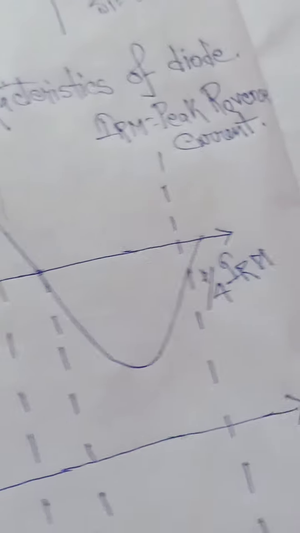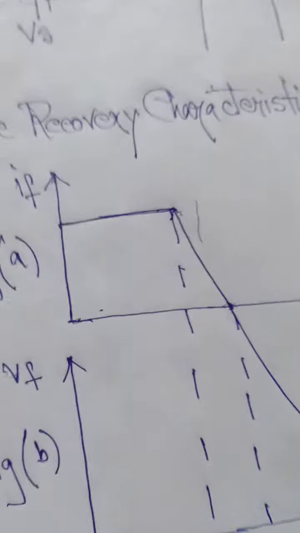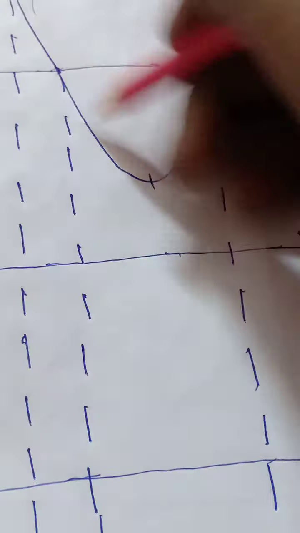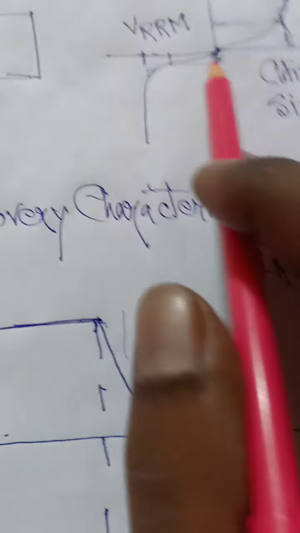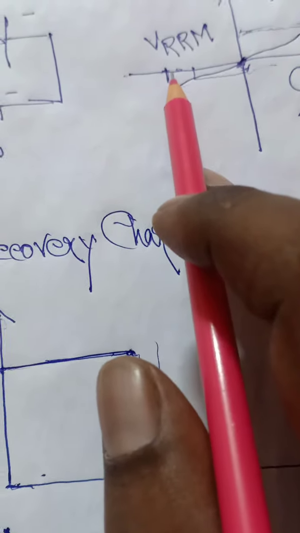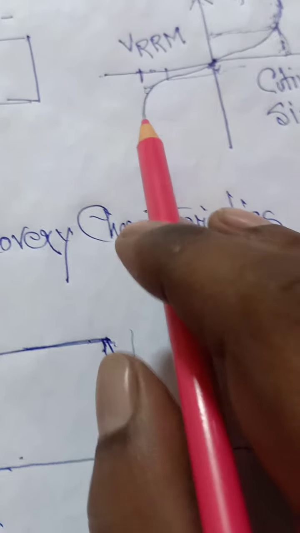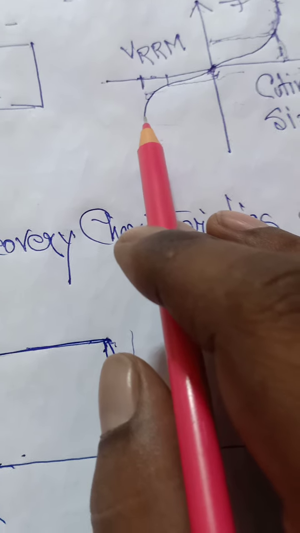So what will happen? This is the peak reverse current in this direction. This is the negative direction where the current is negative. What I said earlier, in the reverse breakdown voltage, the voltage is constant but the reverse current suddenly rises rapidly.